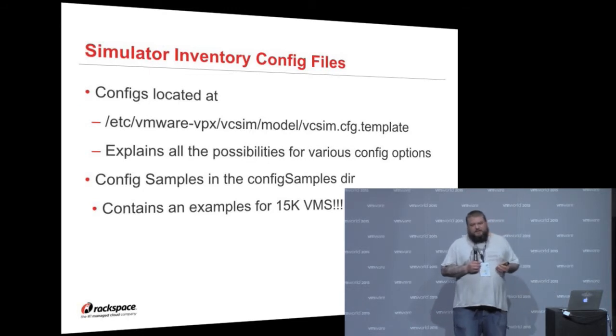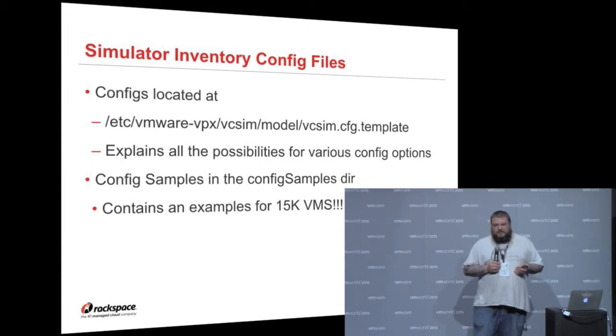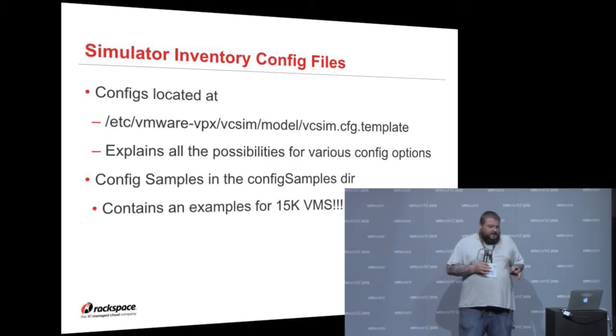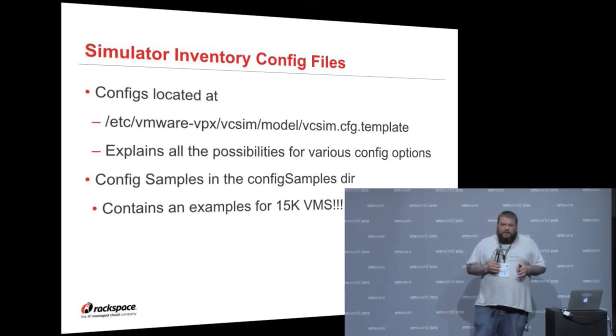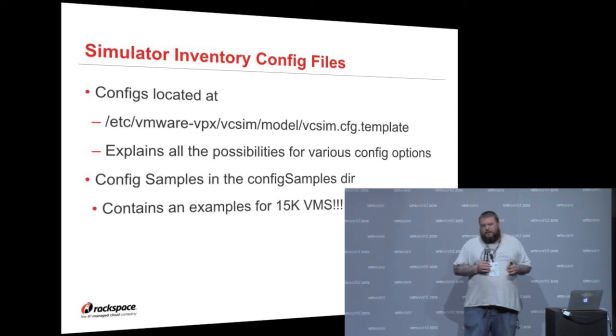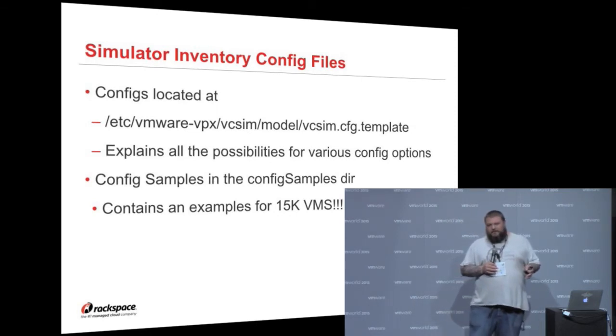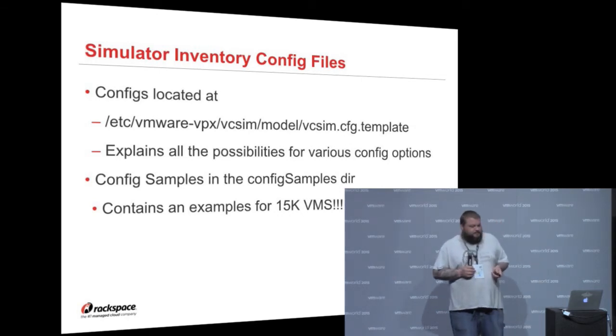So if you want to test how quickly your scripts can run through and check the inventory on 15,000 VMs, there you go. One caveat is that it takes a little time to spin up. If you don't have a beefy system, you could be waiting anywhere from 5 to 45 minutes for that inventory to get fully populated.